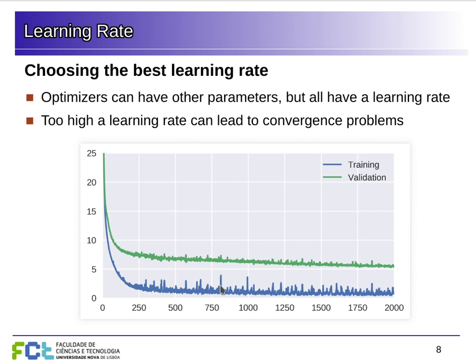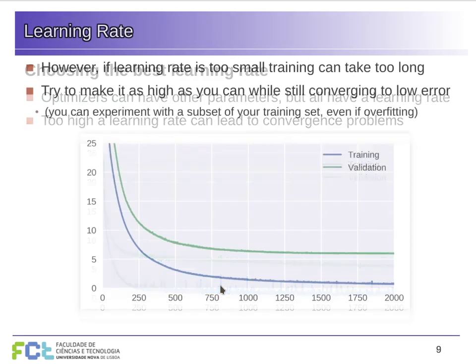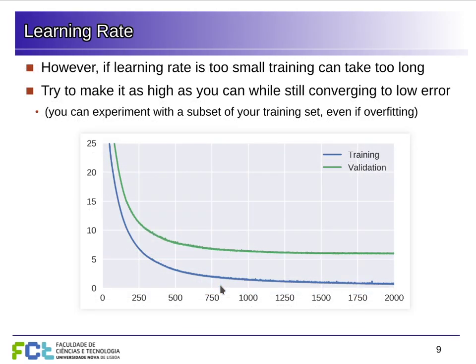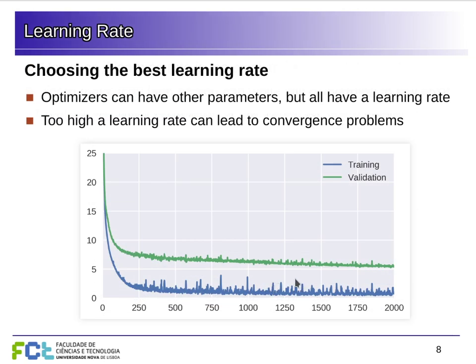So you should reduce it and try to get something that is smoother. And the ideal would be to try to get as fast as possible this descent on the loss function without having this kind of oscillations or convergence problems in the end.